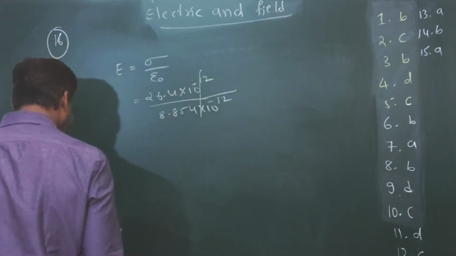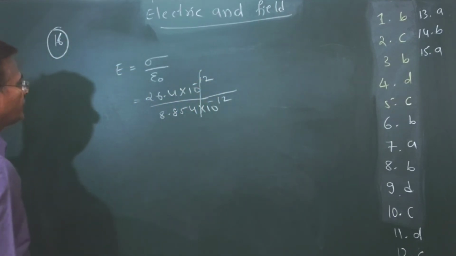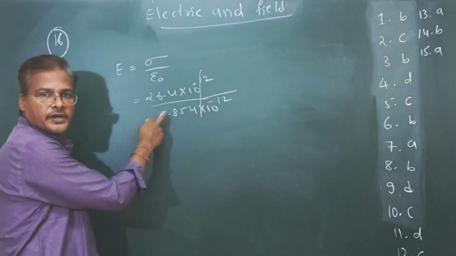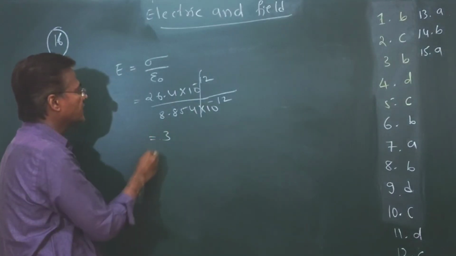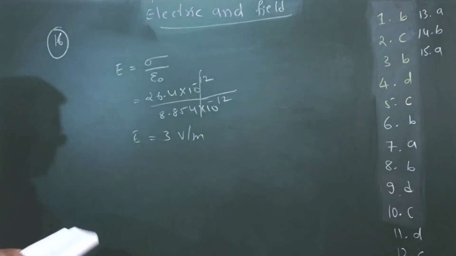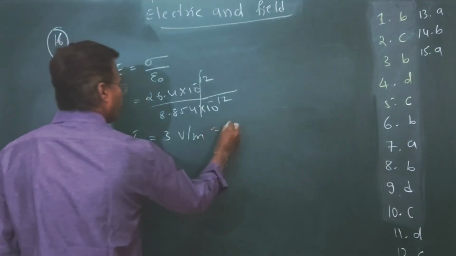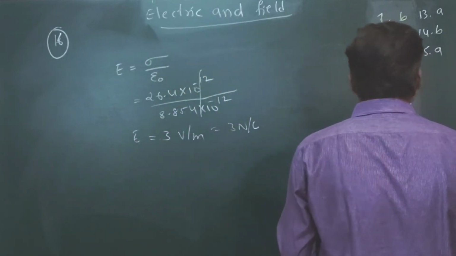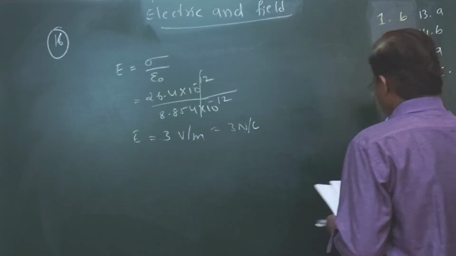This minus 12 gets cancelled. So 8.854 is nearly 8.85, and 26.4 divided by 8.85 is nearly 3, so 3 volt per meter, or Newton per coulomb, 3 Newton per coulomb. So the answer is C. The 16th answer is C.